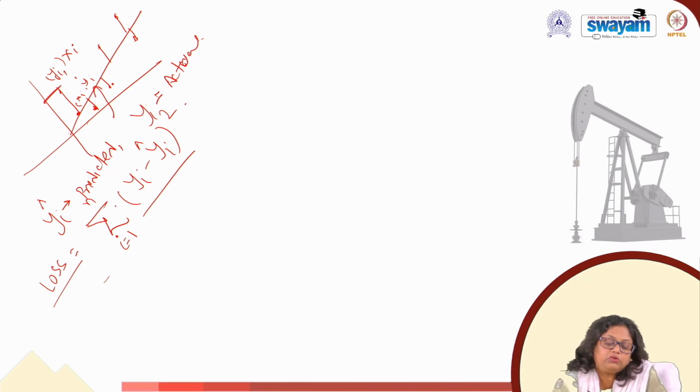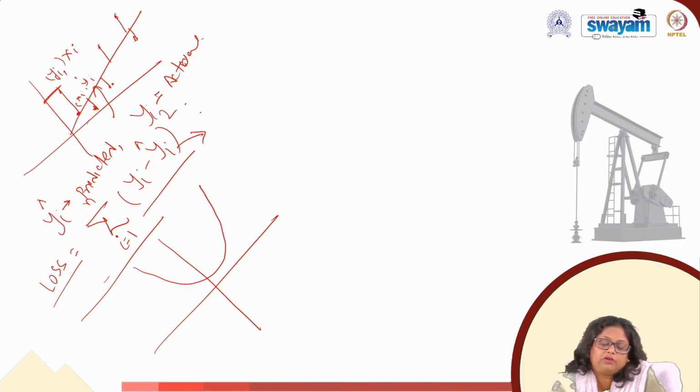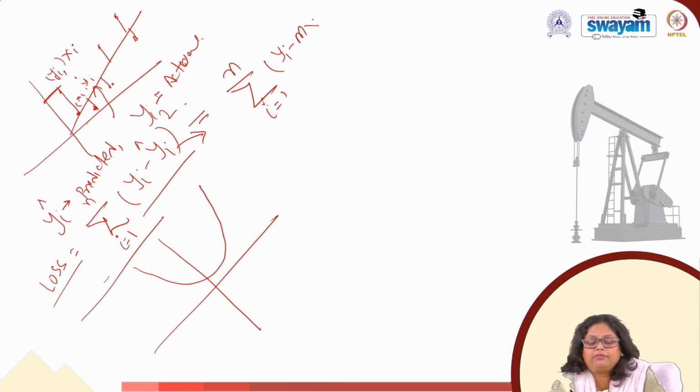Continuing with this, in gradient descent we replace the predicted value, so the loss is the sum from i equal to 1 to n of (yi minus m xi minus b), or we can write it as c, so let's make it b.